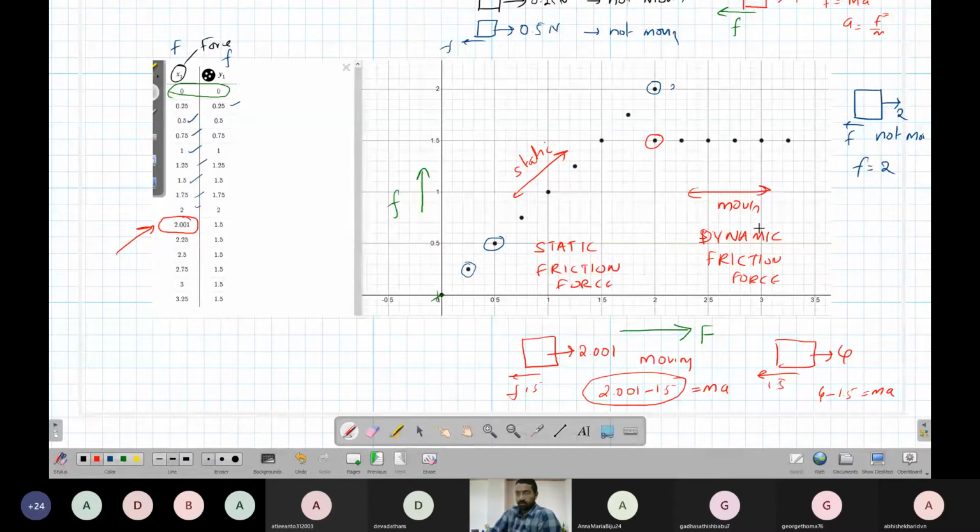The dynamic friction force is the friction force acting on the body when the body is moving. Static is when it is at rest. Static friction force is a self-adjusting force; its magnitude keeps increasing according to how much force we apply, up to a certain point. Dynamic friction force is always constant.